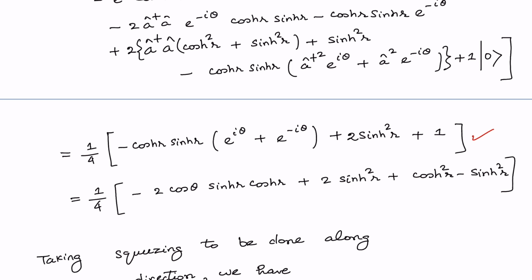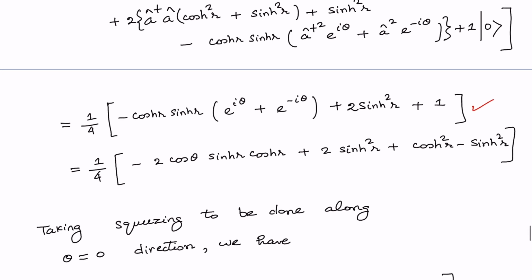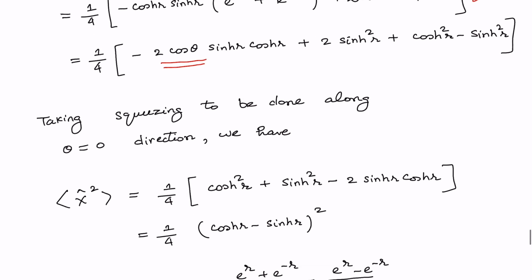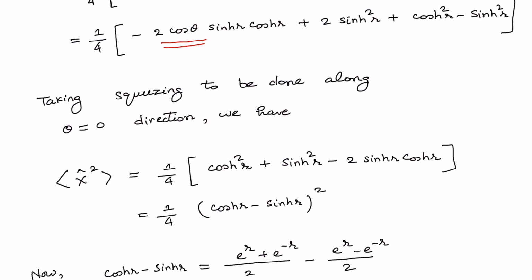Now you see, to make the thing simple, I assume that squeezing is happening along the direction theta equal to 0, that means along the x direction. Then x square is given by this expression, which I can simplify and write in this form.